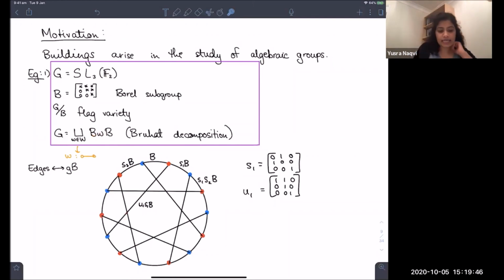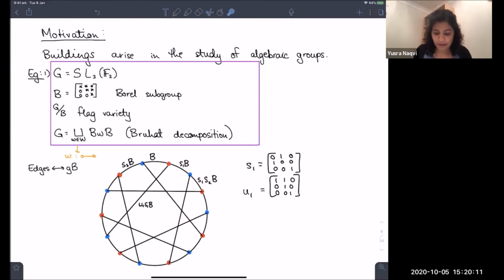If I was looking at F3, then instead of having 3 branches at everything, I would have 4 branches, and in general, it'd be q plus 1 branches if I'm looking over Fq. So this generalizes further out. I could also do this over C, and then I would have C plus 1 many branches at every point, but I definitely can't draw that. So we'll look at F2.